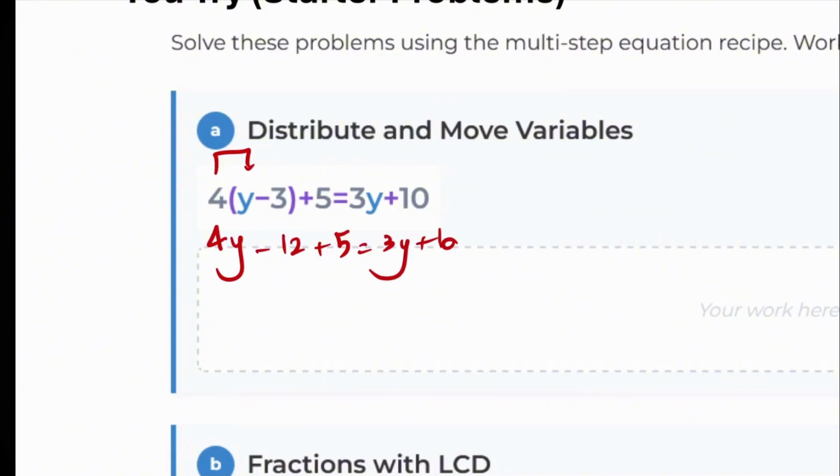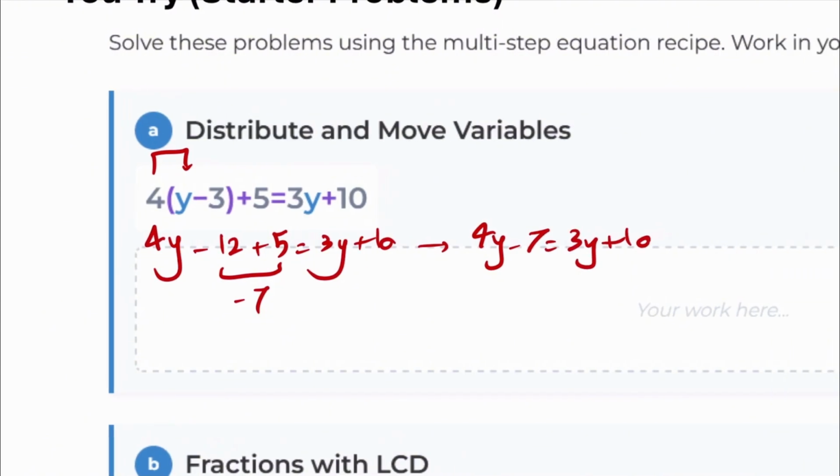Everything is okay right now. Another rule was using like terms: when you have like terms, add them up or subtract them, whatever you can do in order to simplify. So you have negative 12 and 5, which is negative 7. At the end you have 4y minus 7 is equal to 3y plus 10, right?